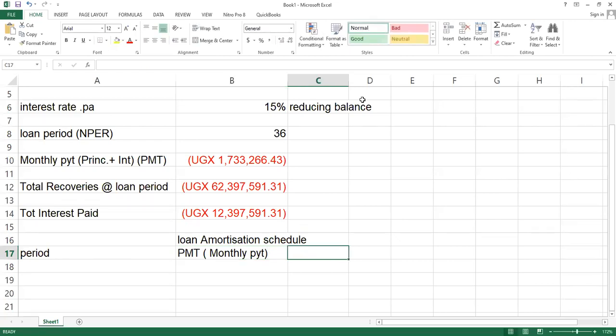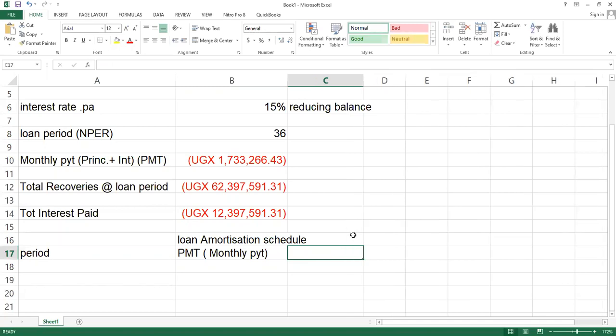Then I can have the principal payment, can have PPMT. So PPMT, this is the principal payment, and put principal payment. Okay, that is the principal.